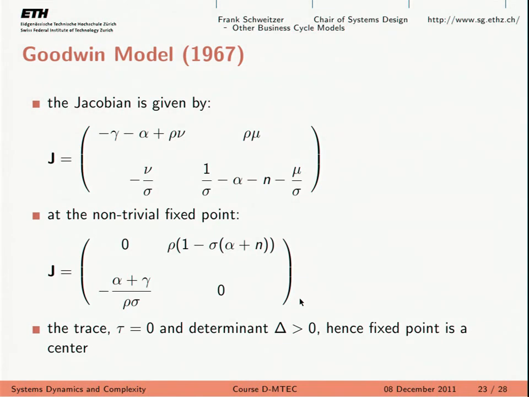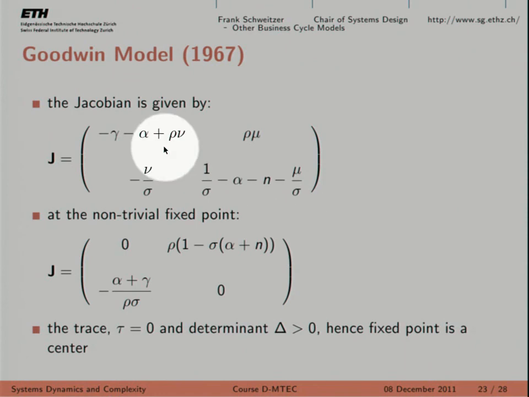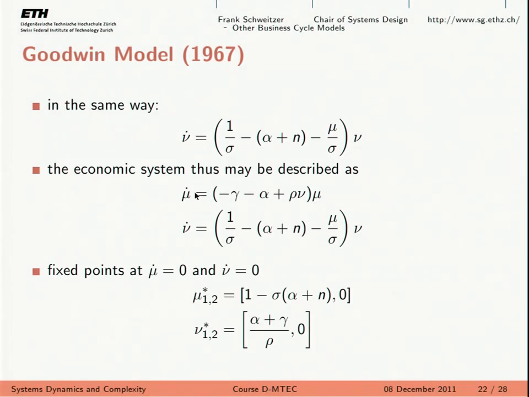So the Jacobian in general is given by this. What does it mean in general? So not evaluated at a fixed point, but just taking the differential. So remember, this is du. So we differentiate this thing with respect to mu, and we get the upper left entry in the Jacobian.